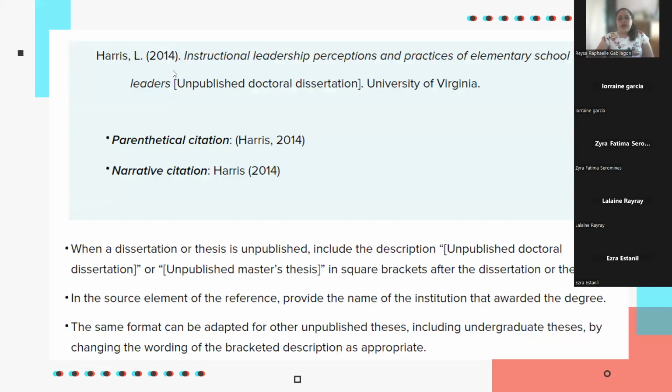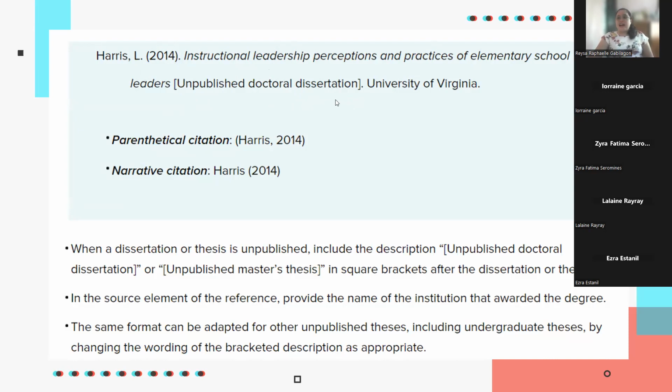And this will be the format if it is unpublished. So you have here still the name of the researcher or the author or names, and then the year of publication, then followed by the title of the research in italics, and then the bracket, lagay nyo class unpublished doctoral dissertation or masteral thesis or undergraduate thesis.